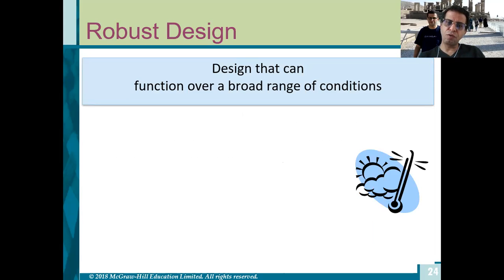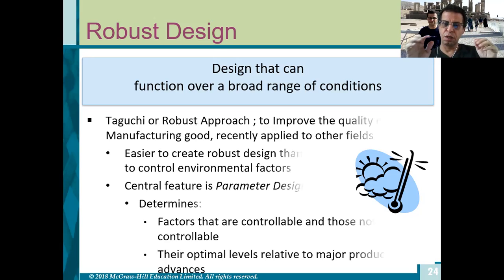Now, we said that we're going to talk about robust design, which is a design that can function over a broad range of conditions, very cold, very warm, for example, in cars. The Taguchi or robust approach is to improve the quality of manufactured goods, and recently it has been applied to other fields also.